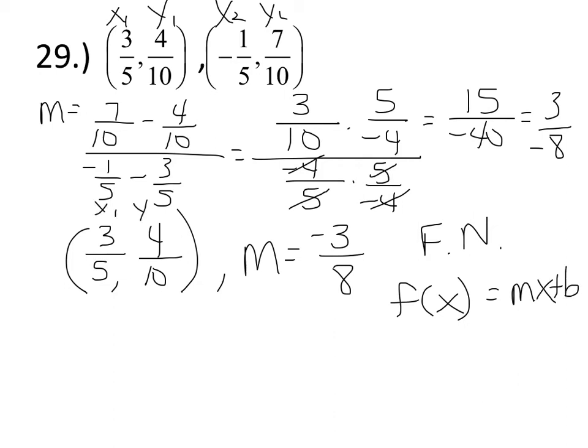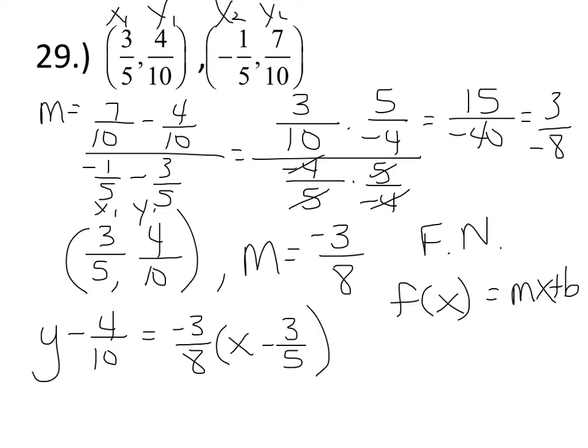Label this x1, y1. So we're going to do y minus 4/10, which we should really reduce, but we'll leave it for a second, is equal to negative 3/8 x minus 3/5. And being that that's 3/5, let's go over here and let's reduce this to 2/5.